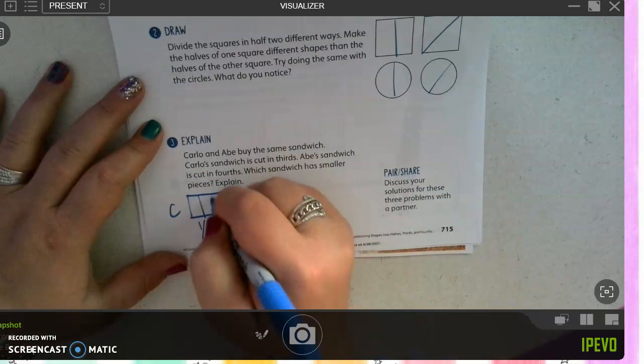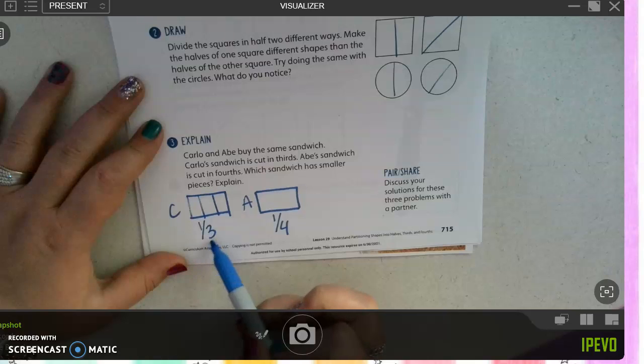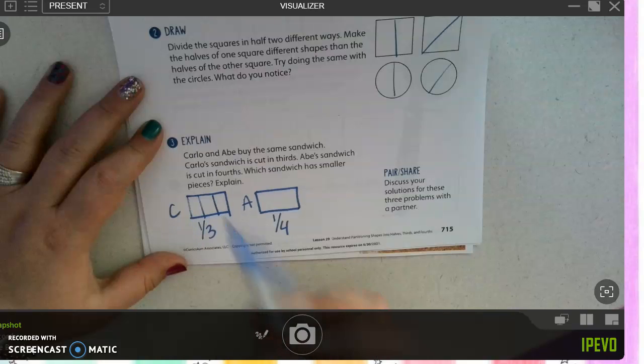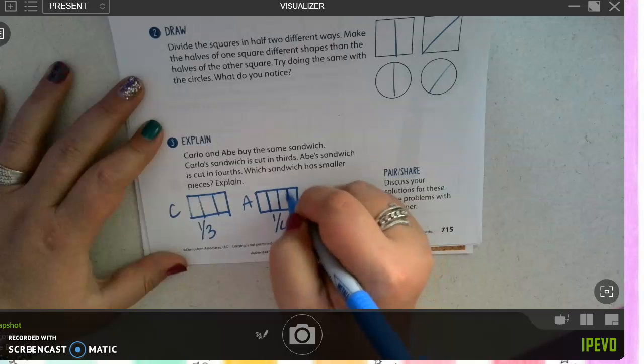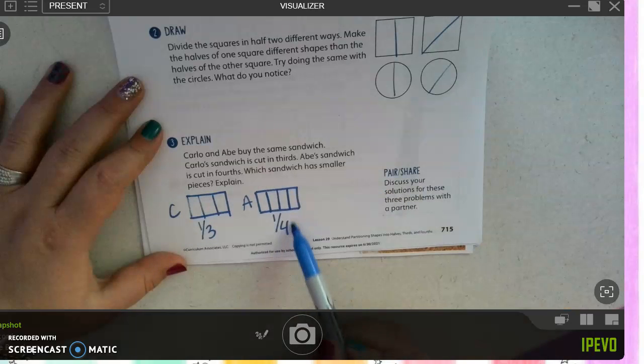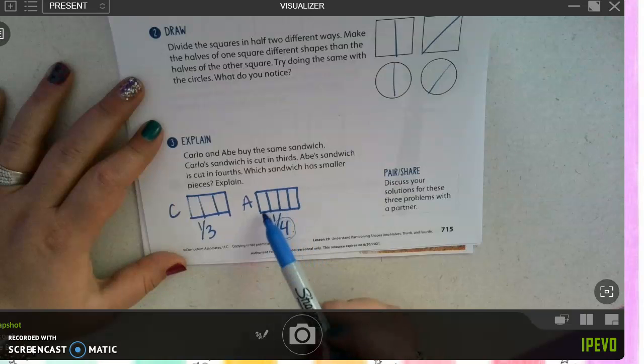Because when our thing is divided into fewer pieces, our pieces are bigger, but the more pieces it's divided into, the smaller each piece is. When we have more pieces that it's divided into, the smaller each piece is.